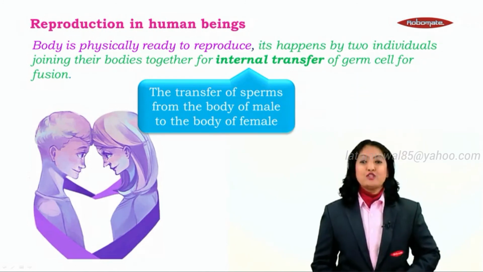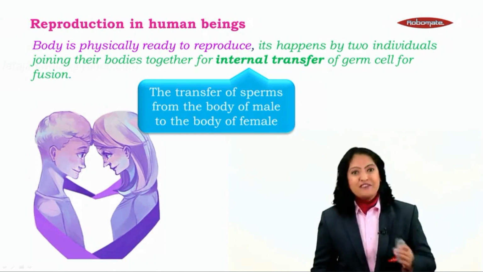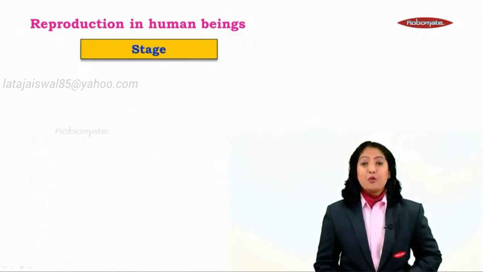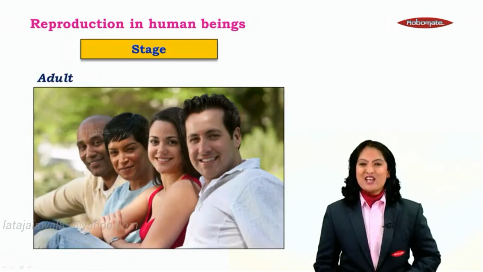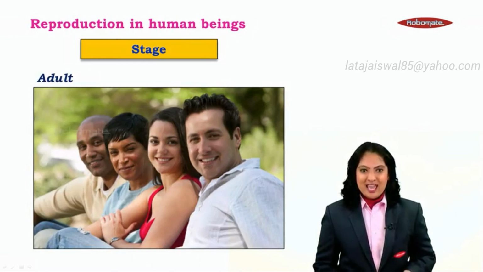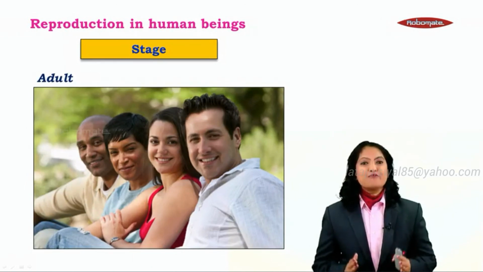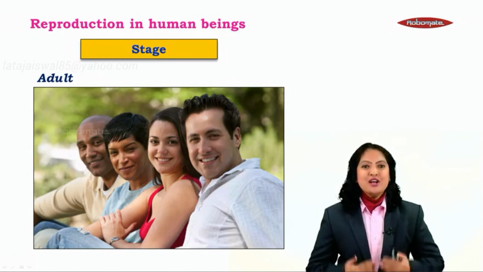Internal transfer of germ cells for fusion, for fertilization, for giving birth to a new individual. What would we call this stage? We call this stage the stage of adulthood, where the individuals are completely mature to perform the act of reproduction and give birth to a new child.